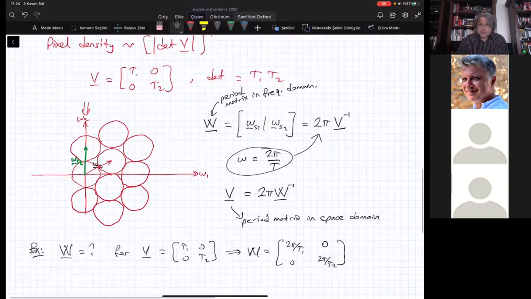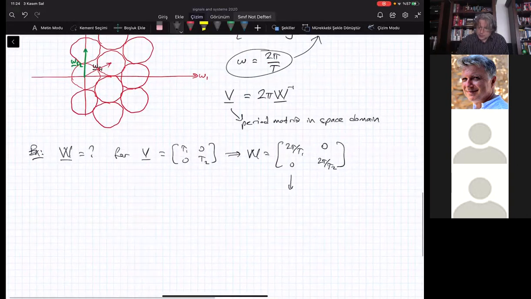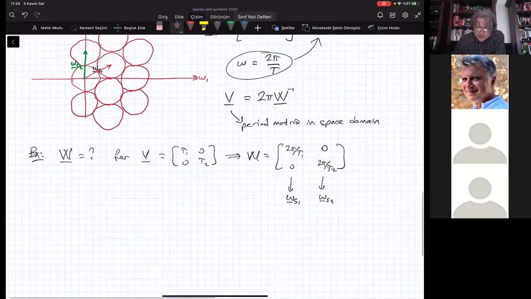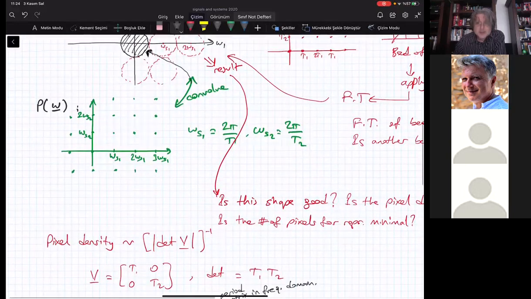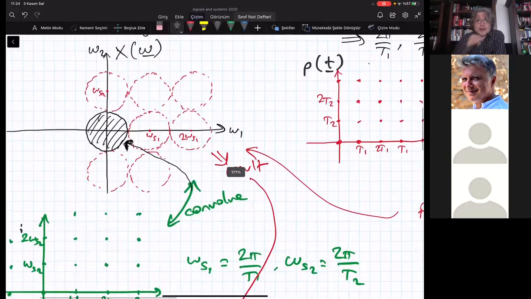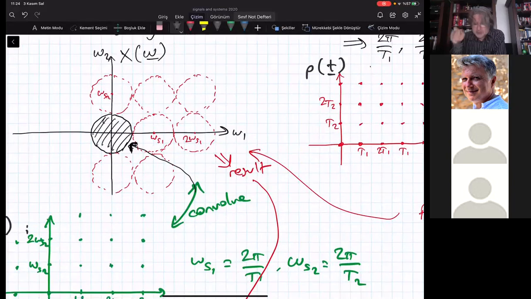And as you see, the first row would correspond to omega S1 vector, and the second one would correspond to omega S2 vector. And that's exactly what we got in this example. Horizontally, it was omega S1 and 0. So this was our first periodicity vector. And the other periodicity vector was 0 and omega S2, this one.